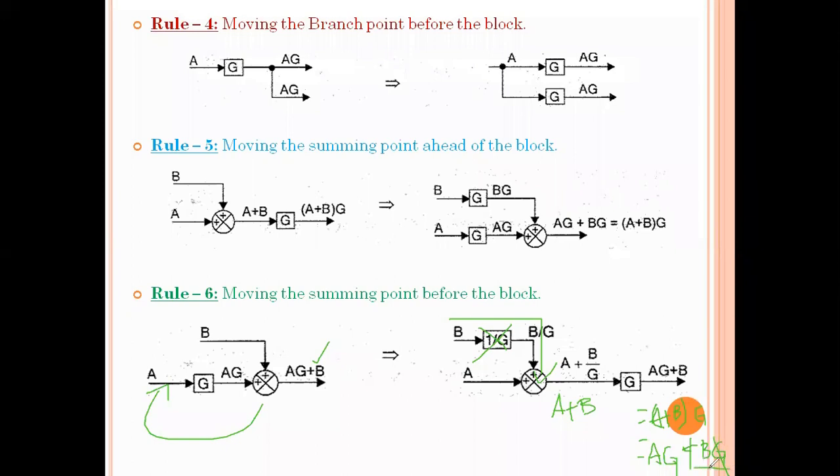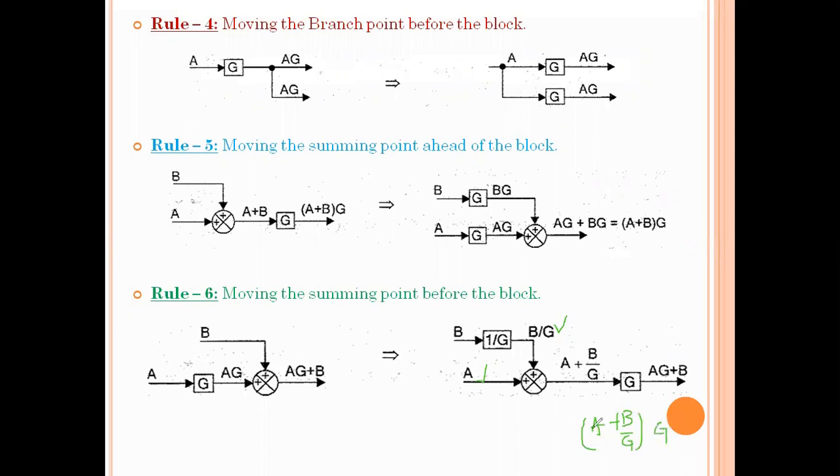By dividing by G. That's why here 1 by G is added, so that we will get B by G here and here A. So if we add these two, A plus B by G, and this signal is given to the block G, then the output will be A plus B by G into G, right?